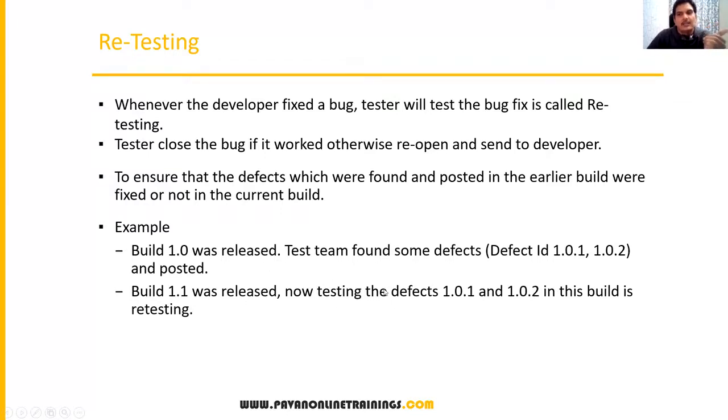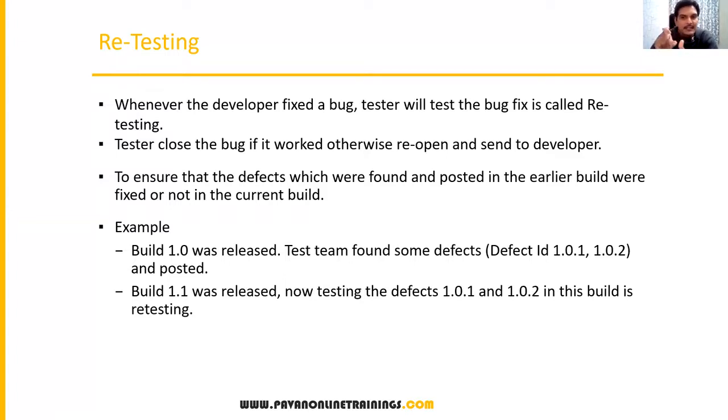Now we test the same defects reported in the previous builds, verifying again whether they are working fine or not. That is called retesting. Understand the difference: retesting means whatever bugs we reported in the previous build, in the next build we verify the same functionality, whether the developer fixed those bugs or not. We are retesting the same functionality again and again.